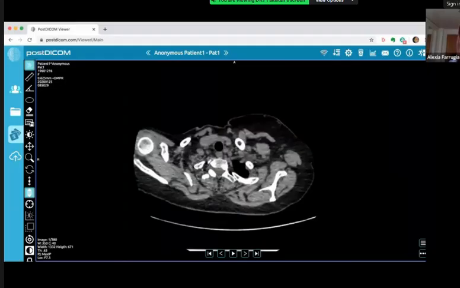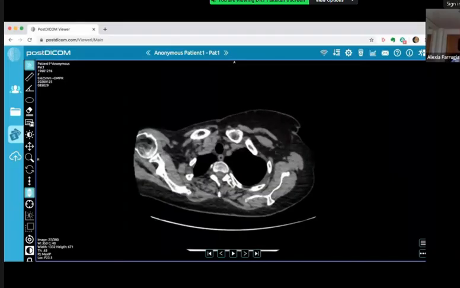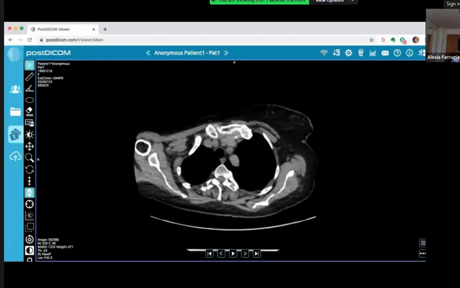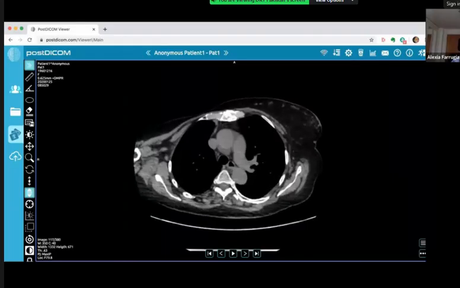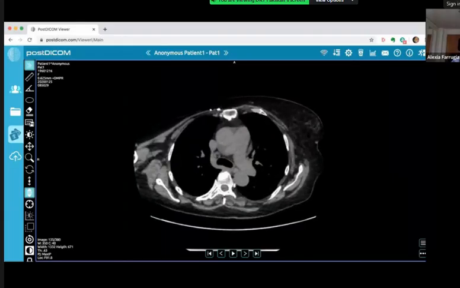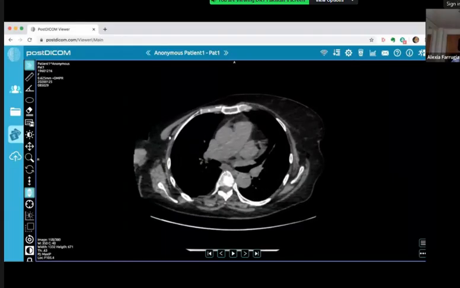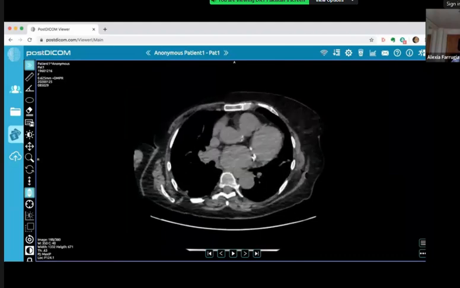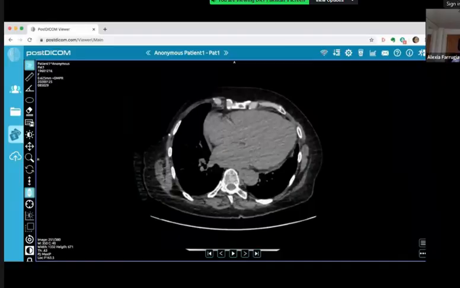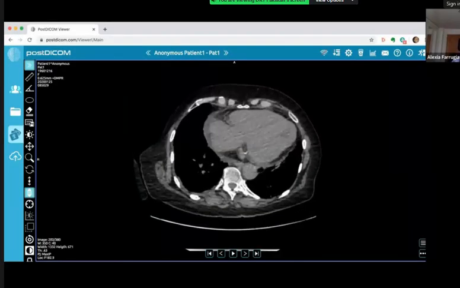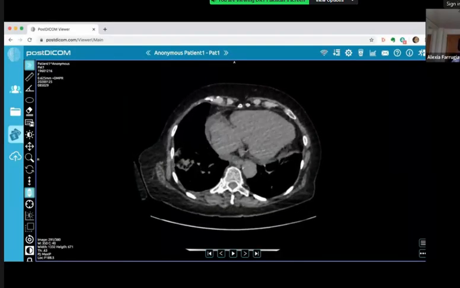So I will scroll through this slowly. Focus on the mediastinum. Okay.